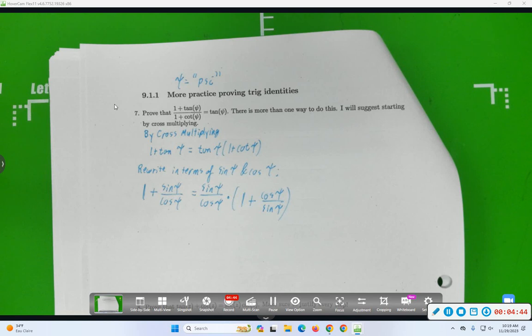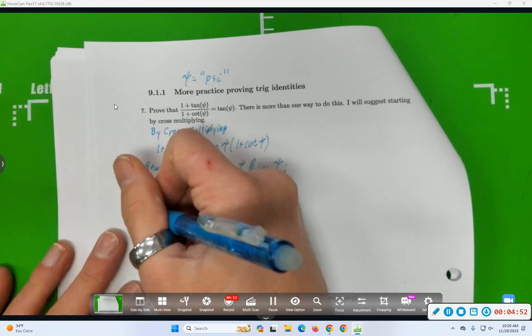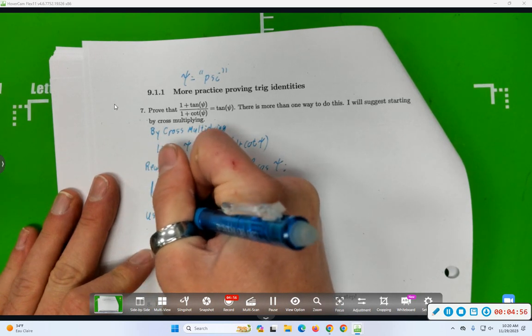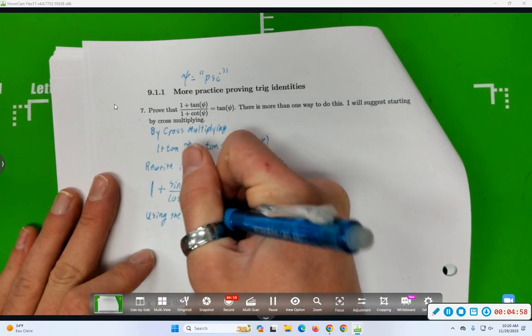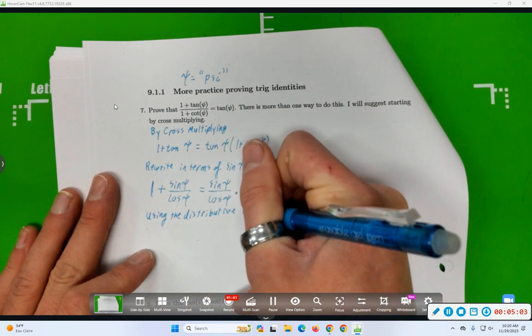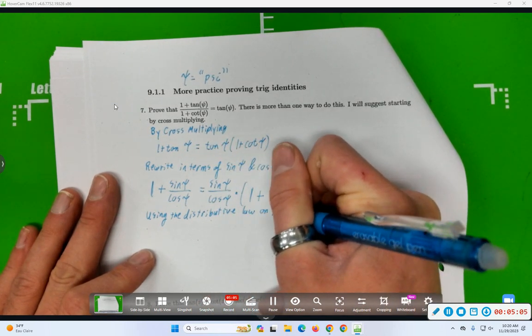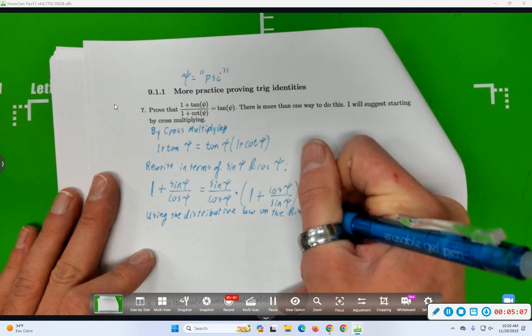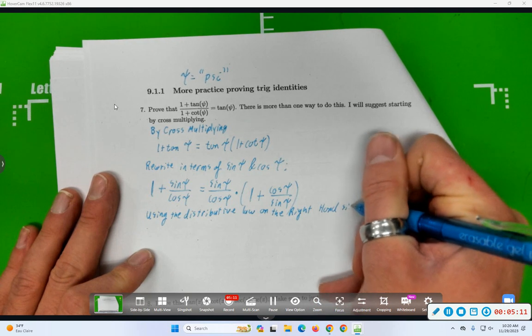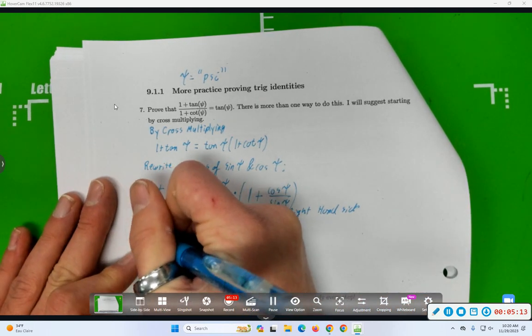Yeah, I see a thing times some stuff in parentheses. Let's multiply it out using the distributive law. So let's see, using the distributive law on the right hand side. So the left hand side, I guess, is staying the exact same.